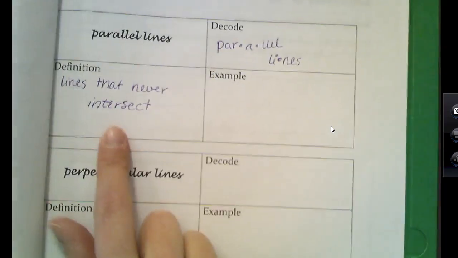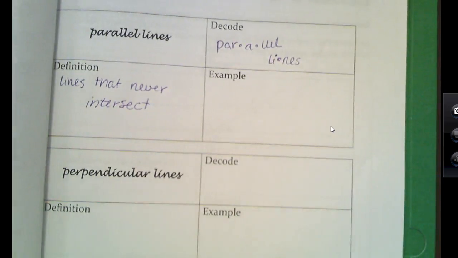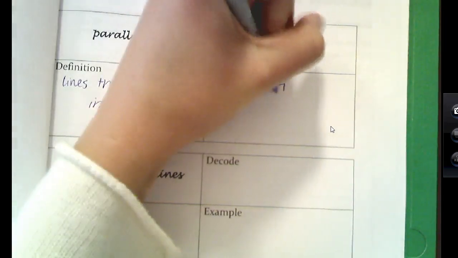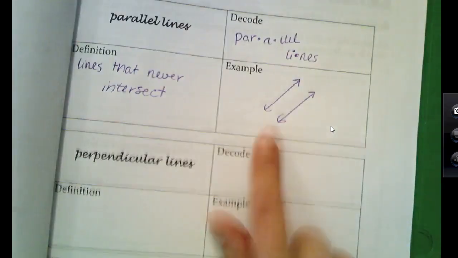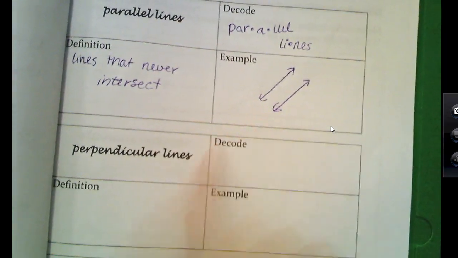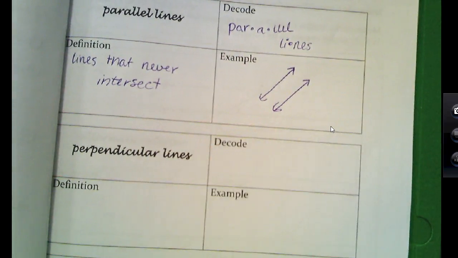So if we have two parallel lines, those are two lines, or it could be more than two, lines that never intersect. So there, I just drew two parallel lines. Those lines are going to keep going on forever and ever. They're never going to cross. They're never going to intersect.